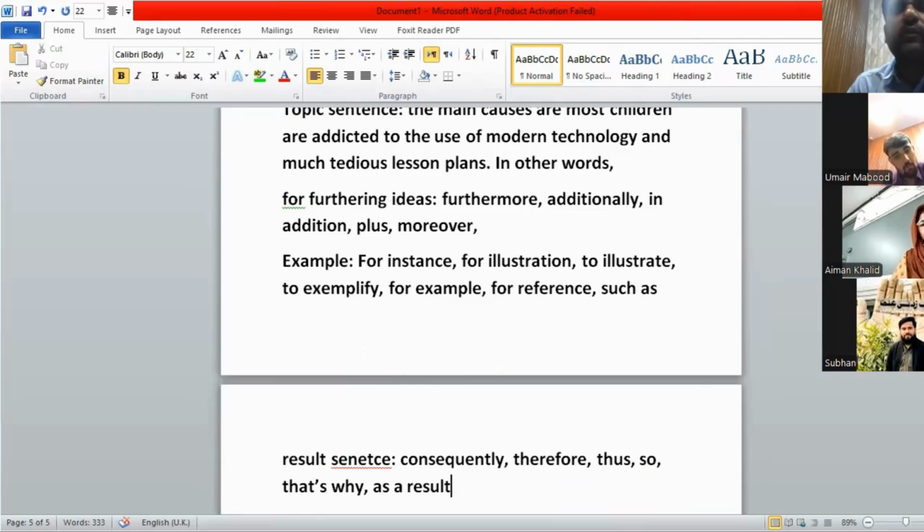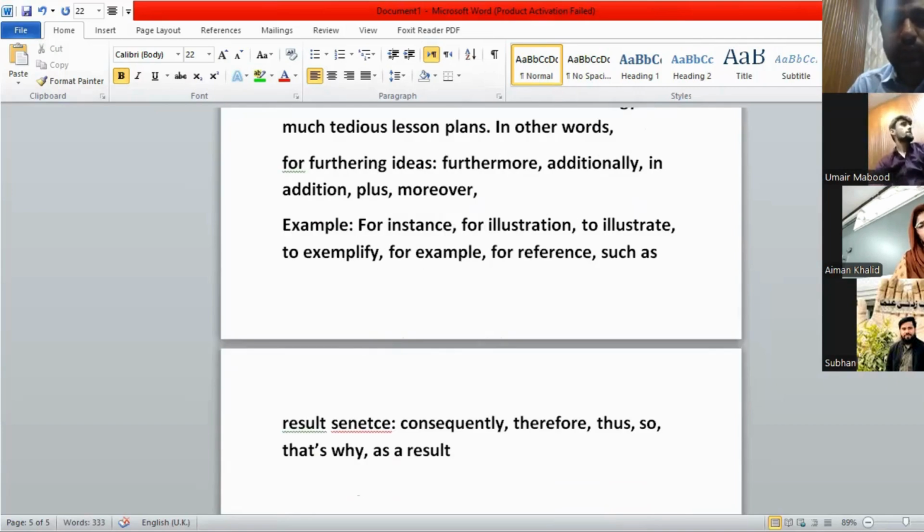So this is for body one and introduction. Now the second one would be just the only thing, like you have to write the solution, topic sentence, explanation, example, and result sentences. Only the difference would be you should not repeat the words again and again in the same paragraphs or the different paragraphs.